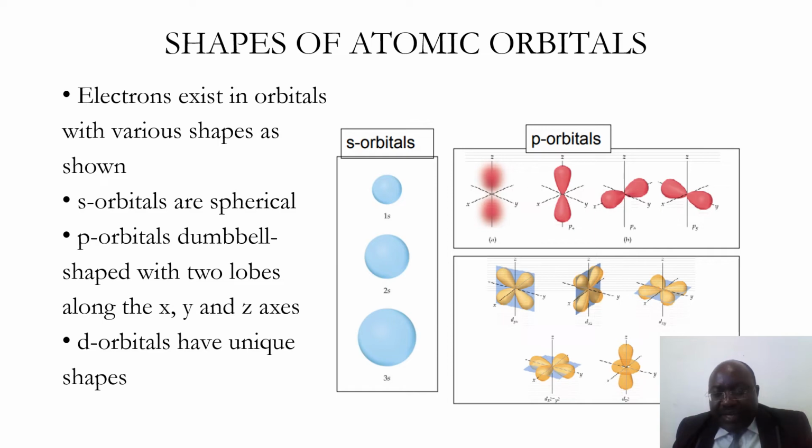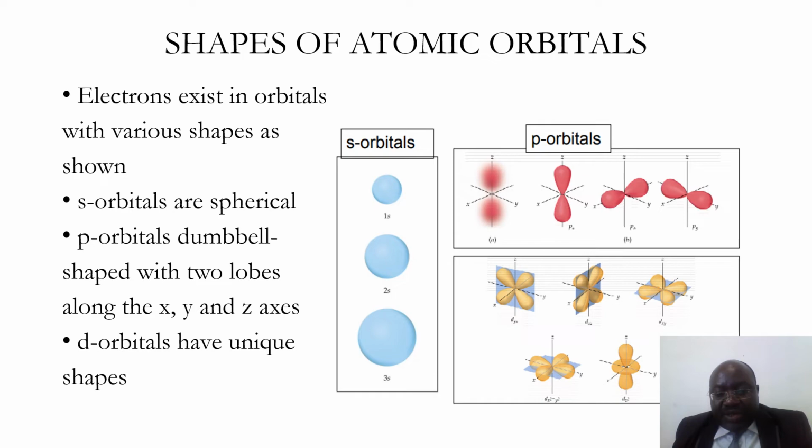If the lobes lie along the z-axis, the p orbital will be referred to as pz. Whereas if they lie along the x-axis, it will be referred to as px. And if they lie along the y-axis, then that one is py. Therefore, amongst p orbitals, we have px, py, and pz.